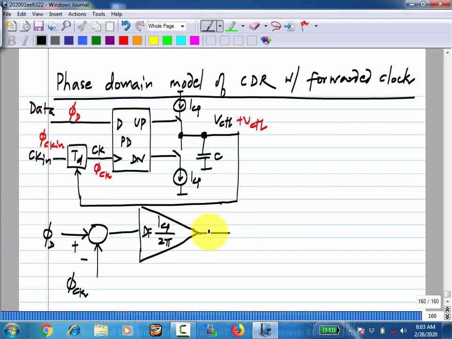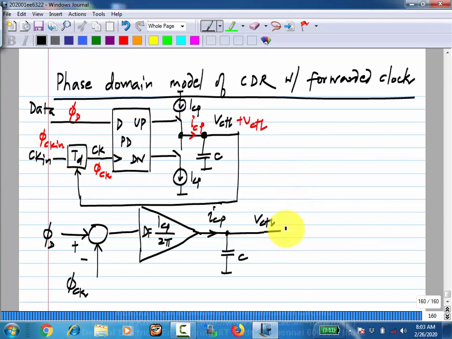So this provides a current ICP, which essentially models the increment in the average output current of the charge pump, okay. And this goes into the capacitor C to generate a control voltage increment V control. And now this V control changes the phase of the clock.